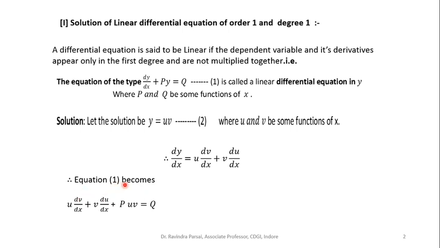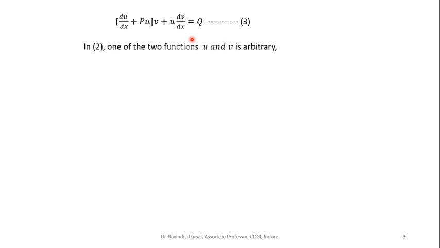Therefore, on putting this value in the given equation, because it is a solution of it, we get u dv/dx + v du/dx + P u v = Q. Or we can write the given equation in this pattern as v (du/dx + P u) + u dv/dx = Q. In equation number 2, one of the two functions u and v is arbitrary.